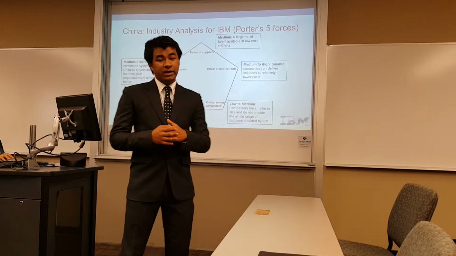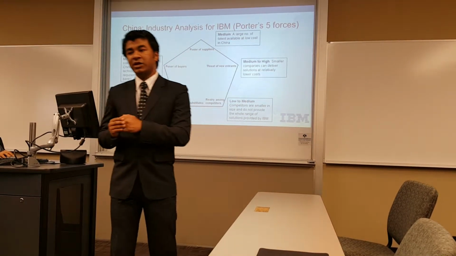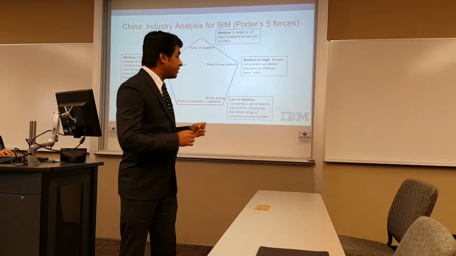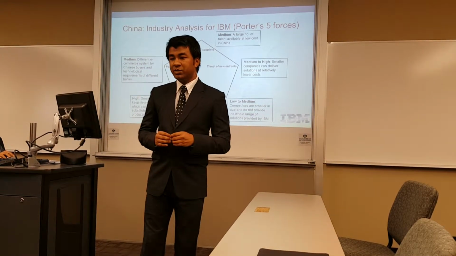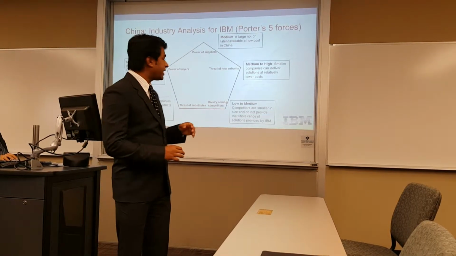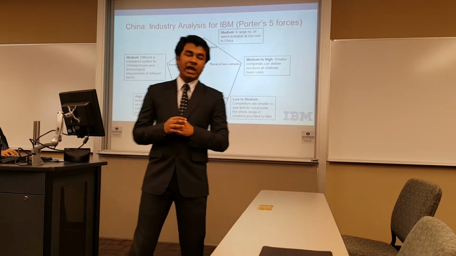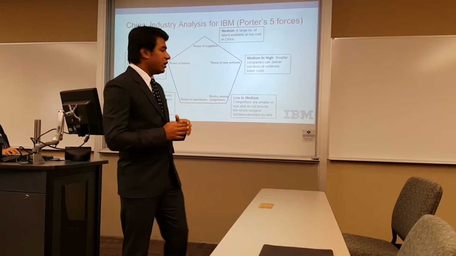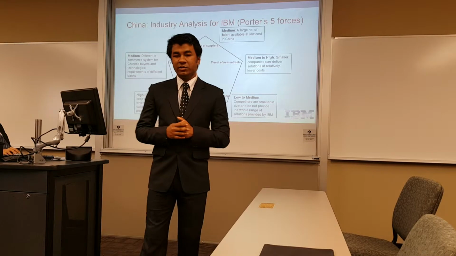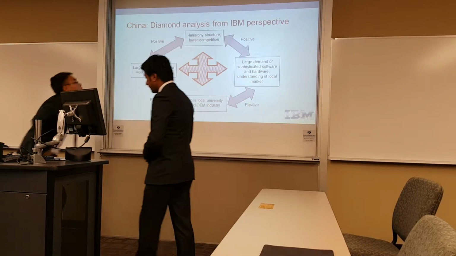We have found that a lot of substitutes for the IBM solutions that they are currently offering to customers are coming out. These substitutes are mainly very small in nature, but they have the potential of making the solutions offered by IBM obsolete, and IBM should be very careful about this threat. Now Michael will continue the presentation.